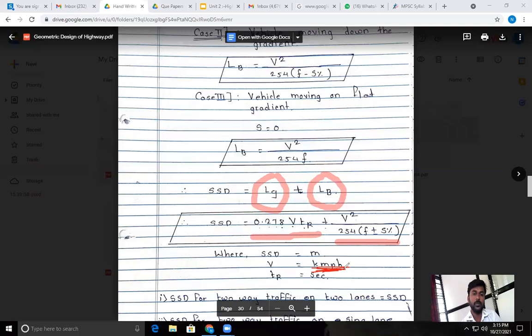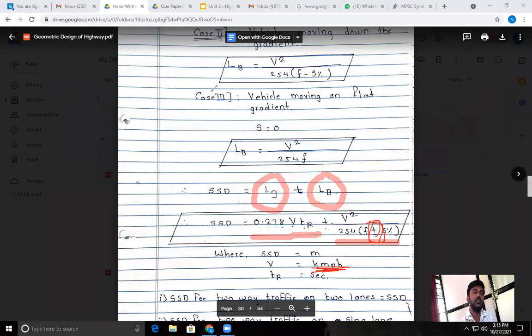If the velocity is given in meter per second, you should use the previous formula, that is Vt plus V square upon 2gf. If there is an ascending gradient, take the plus sign. If there is a descending gradient, take the minus sign. Here the two signs are given: f plus or minus the percentage of the gradient.